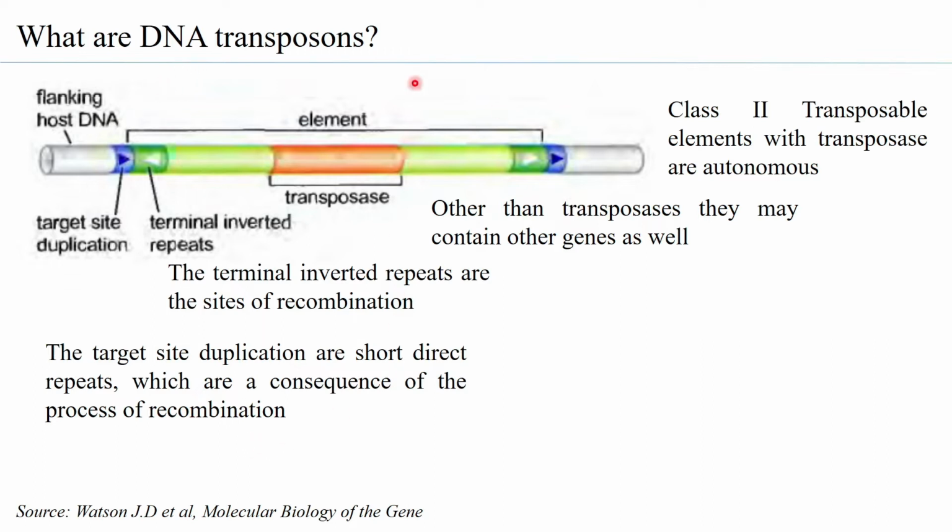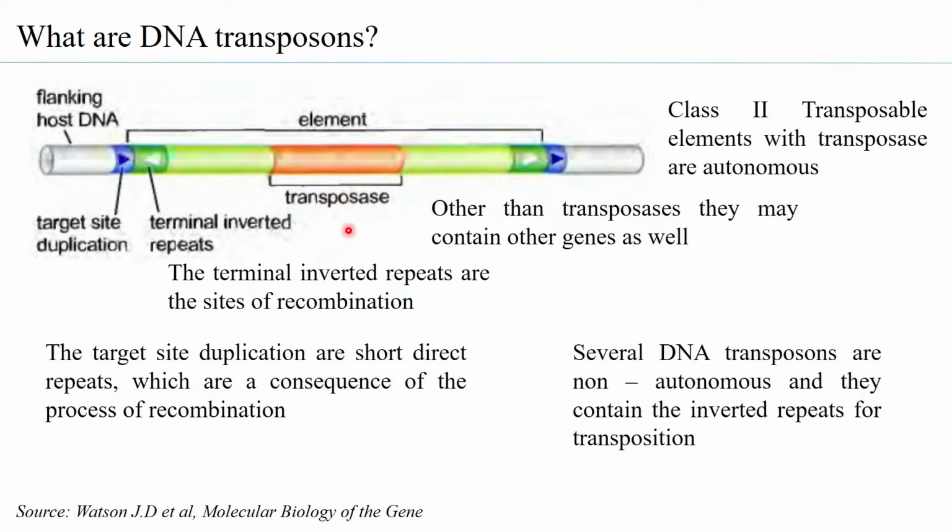Now, class 2 transposable elements, if they are without the transposase, are called non-autonomous class 2 transposable elements. So those DNA transposons that are non-autonomous do not have the ability to excise themselves and integrate into a target site.